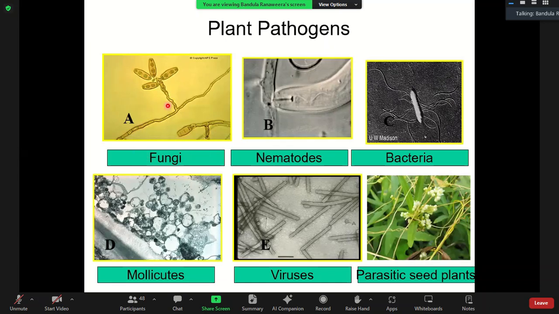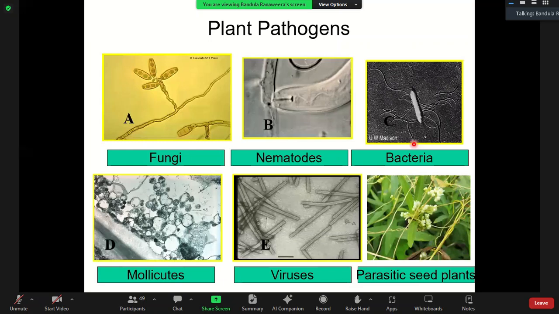These are microscopic fungi, nematodes, bacteria, mollicutes, and viruses. They are sometimes difficult to observe through an optical microscope, but you need to use an electron microscope to observe bacteria, viruses, or mollicutes.